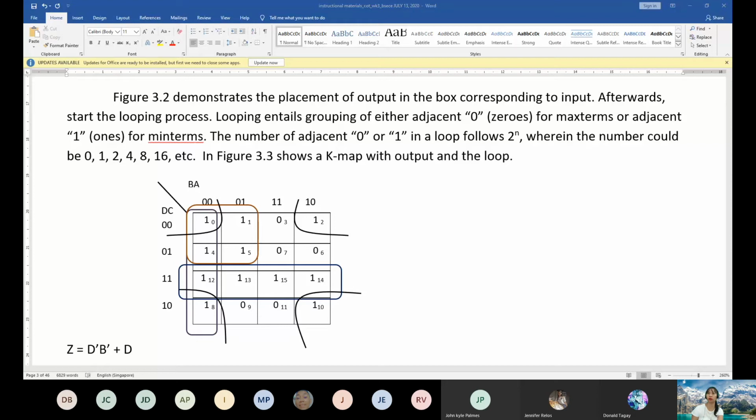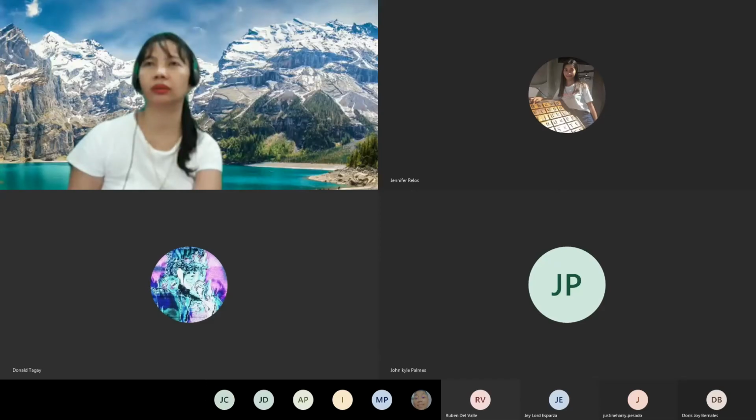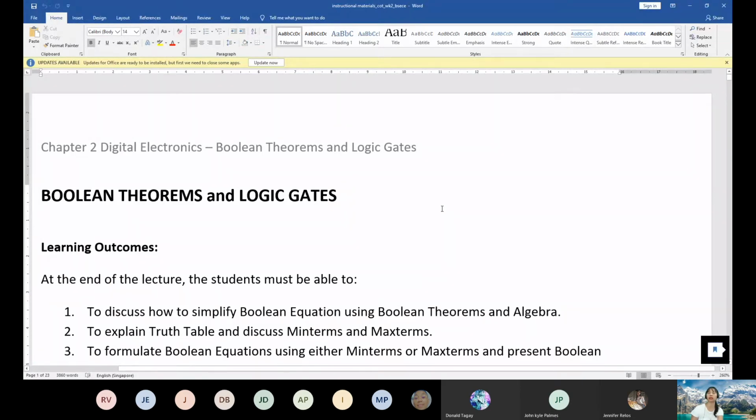Okay, so let's review chapter 2. Okay, so can you see now Boolean theorems and logic gates?